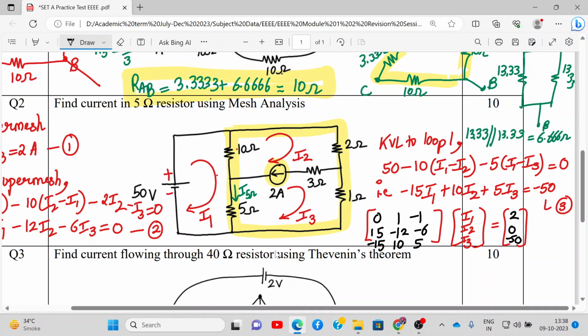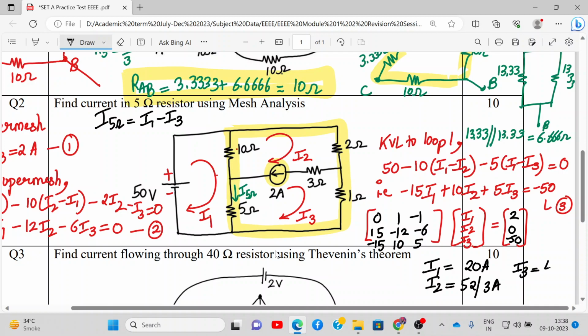Now we'll have to solve this simultaneously, and we'll get the value of current flowing through the 5 ohm resistance, which is basically I1 minus I3. So we require the value of I1 and I3. I1 is coming out to be 20 amperes. I2 is coming out to be 52 by 3 amperes. Please check your answers.